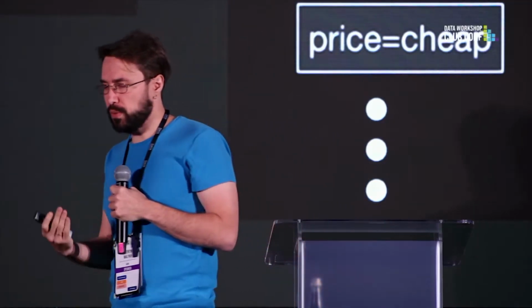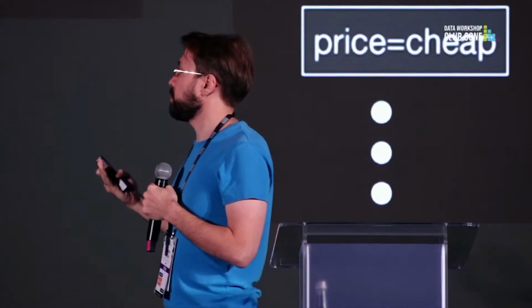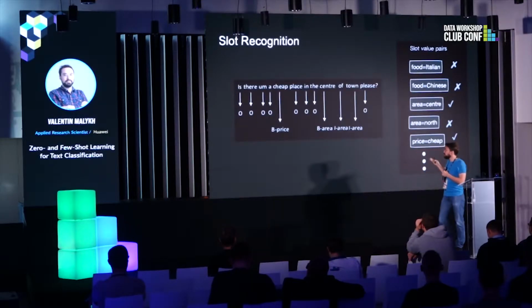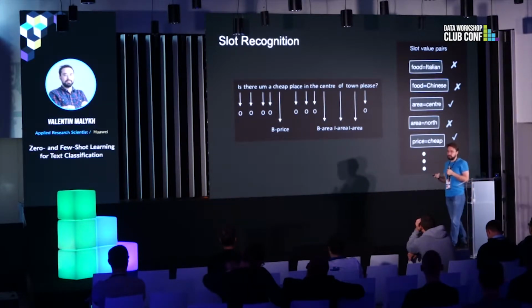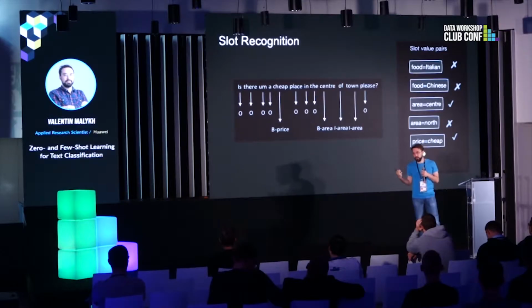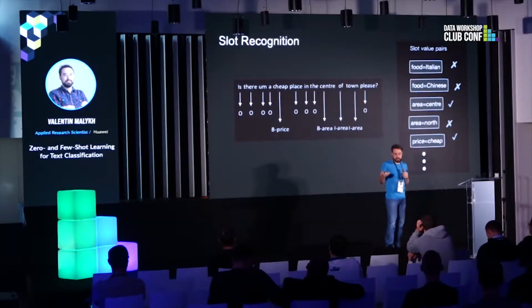So the first step was that we recognized words which are essentially the candidates for some slots, for some structure to extract from there. And the next thing is actual matching from this unstructured information to the structured one. Okay, so this is one thing that is done by natural language understanding, what I was talking about.